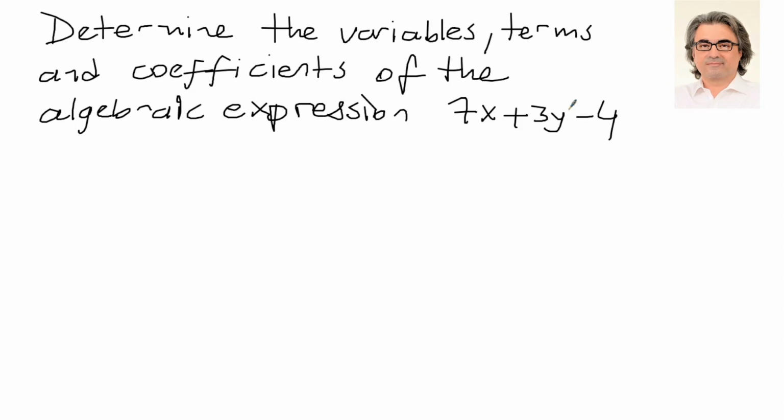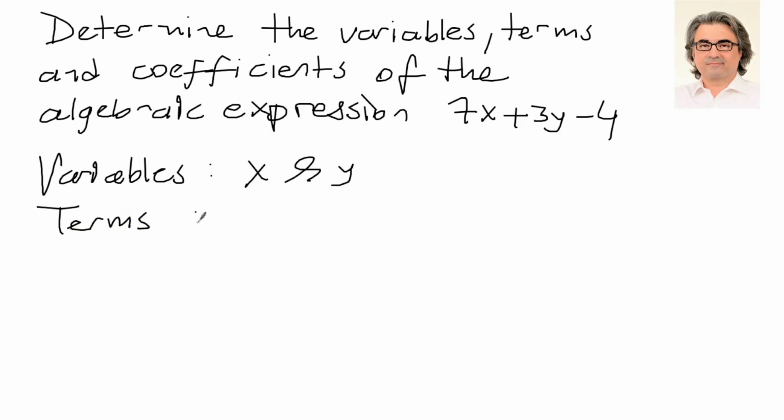Now, first let's start from the variables of this algebraic expression. Variables are x and y. Variables x and y. Terms are 7x, 3y, and minus 4. Minus 4 is also a term. It's a constant, am I right?